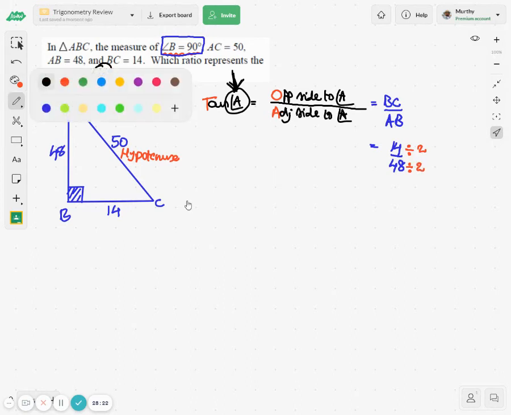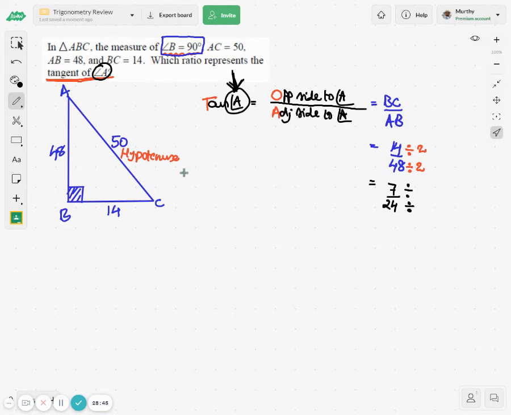When I divide 14 by 2, I'll get 7. 48 divided by 2, you can use a calculator if you want. 2 2s are 4, 2 4s are 8. Yes, 7 over 24.